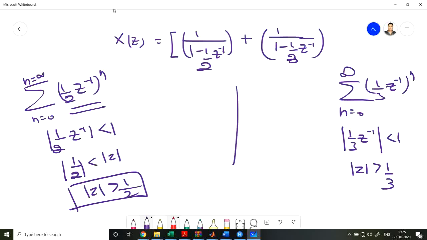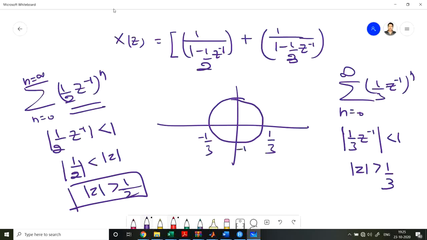And what is the common ROC? First is |z| greater than 1/3. 1/3 is 0.333, so it is 1/3 and minus 1/3 on the plane.